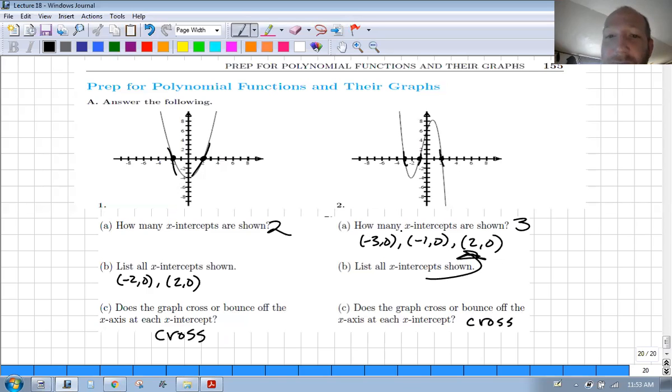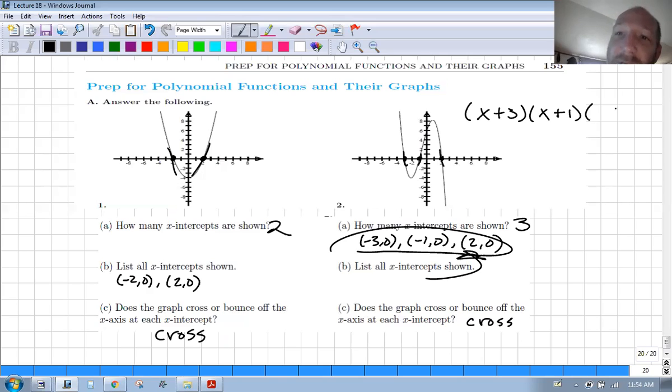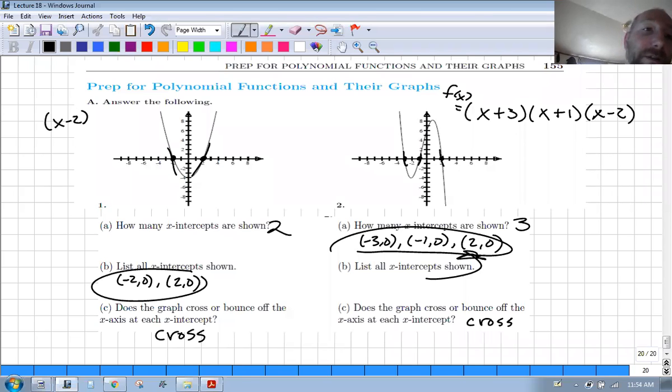In fact, because I know the x-intercepts, -3, -1, and 2, this would be x minus a -3, x minus a -1, and x minus 2. This is our function f of x. For number 1, since these are x-intercepts, this would be x minus 2 times x plus 2, or x squared minus 4.